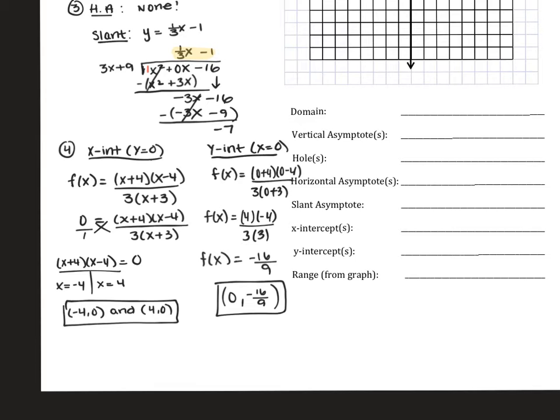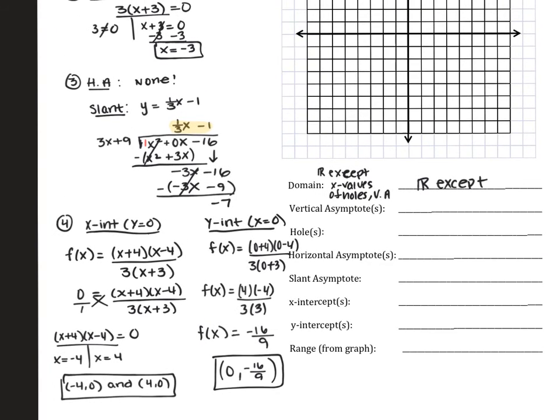So we can go ahead and put everything here in the bottom, what I'm asking you to solve for. So the domain, remember, is going to be all real numbers except for the x values of the holes and any vertical asymptotes. So all real numbers except, well, we didn't have any holes, but we did have, if we scroll up a little bit, a vertical asymptote of x equals -3.